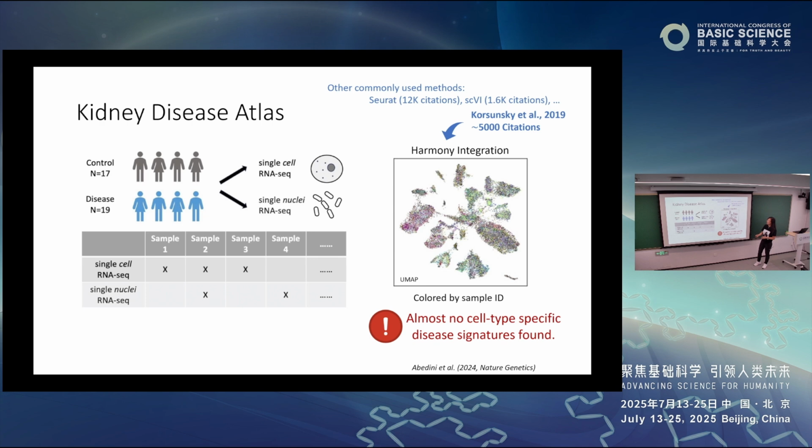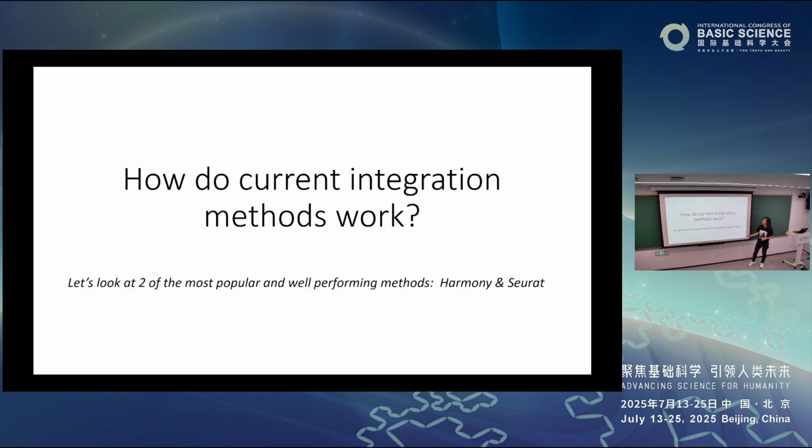Then she wanted to focus on within cell type differences between healthy and disease, but she found none. There were no cell type specific disease signatures found with Harmony integration. That is also true with Seurat. They all erase these differences.